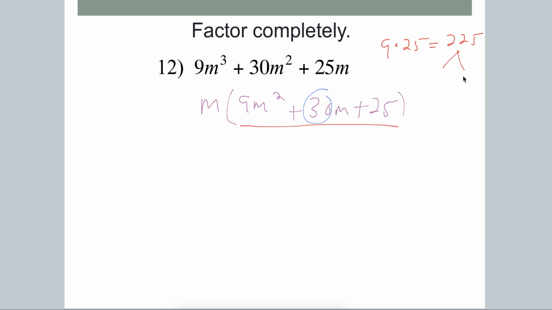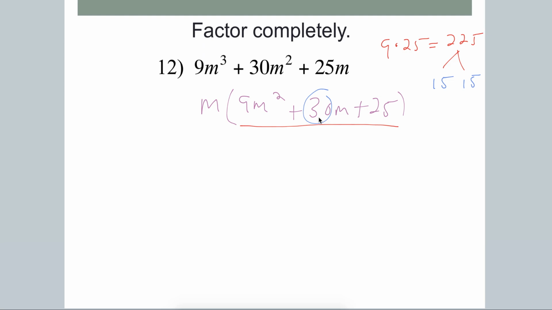So because it's a positive 225 and because it's adding to a 30, we know both of these numbers are going to be positive. We just have to figure out exactly what they are. So if you play around with it and do some guessing and checking, I got 15 and 15, right? 15 times 15 multiplies to 225, and then 15 plus 15 also adds to 30.